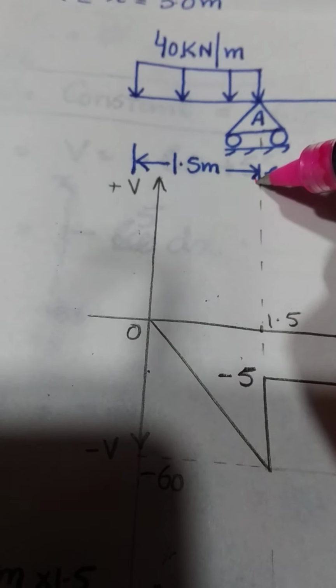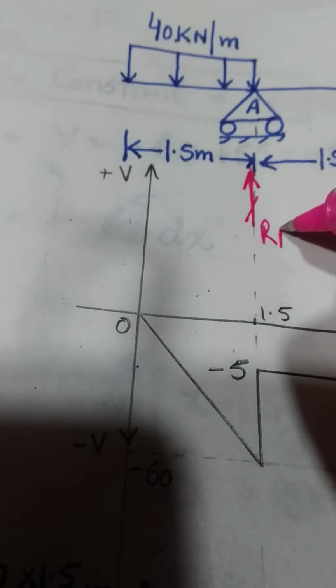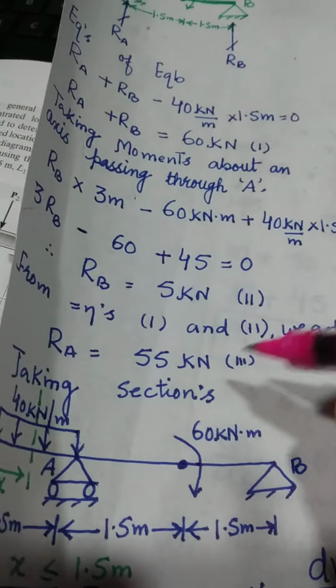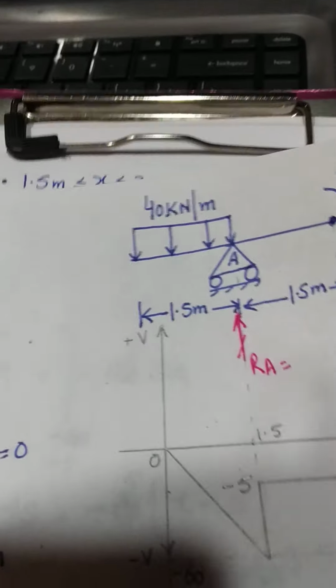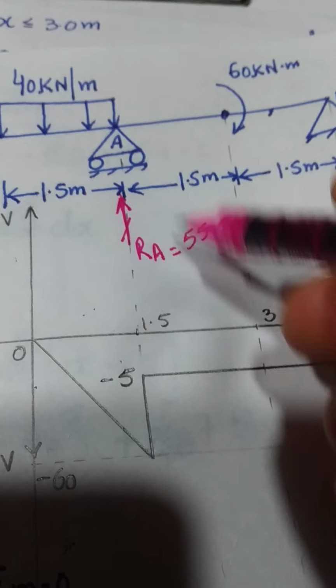At point A, we have the reaction of the beam, roller support RA, and the value of RA from the previous equation is 55 kilonewton.